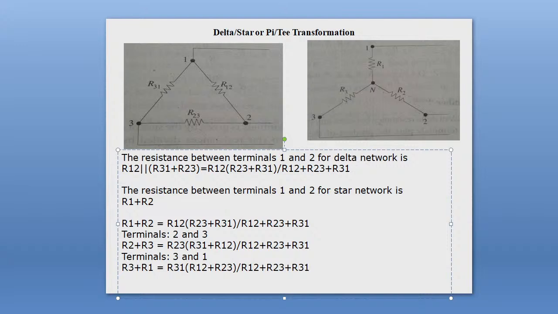Then you can design the star network from the delta network. Okay, so we have three equations. Now we will simplify these three equations and express R1, R2, R3 in terms of the delta network resistances.